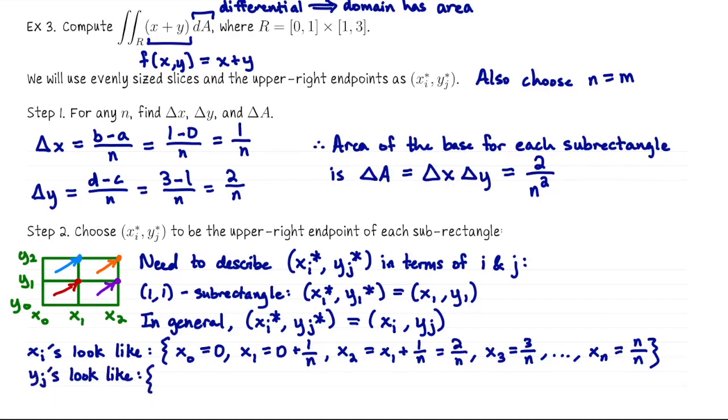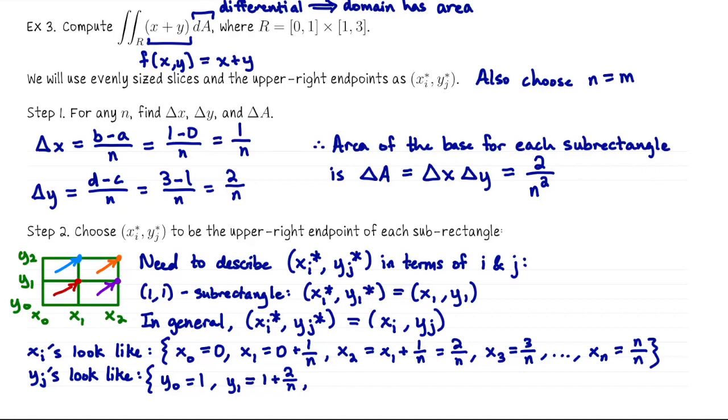What do the yj's look like? The first one, y sub 0, is 1. The first step we take, we arrive at the point y sub 1, and that step size is 2 over n, so that's 1 plus 2 over n.